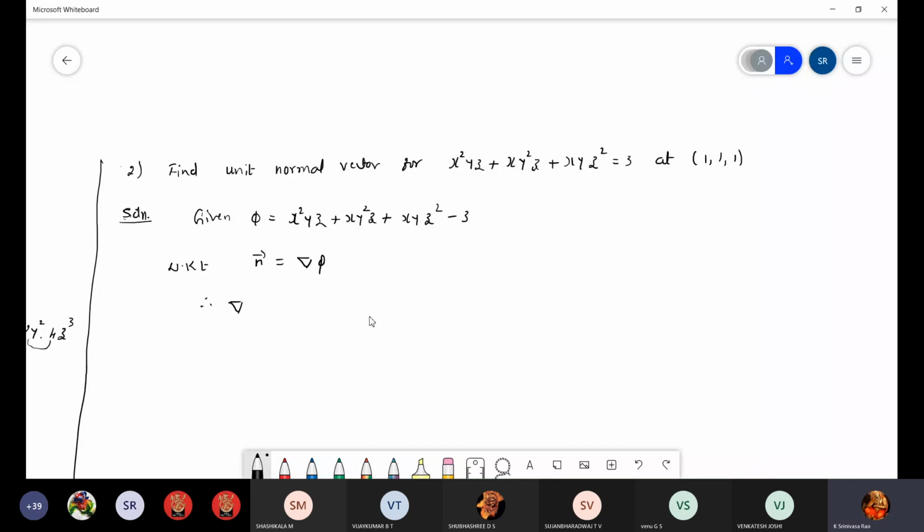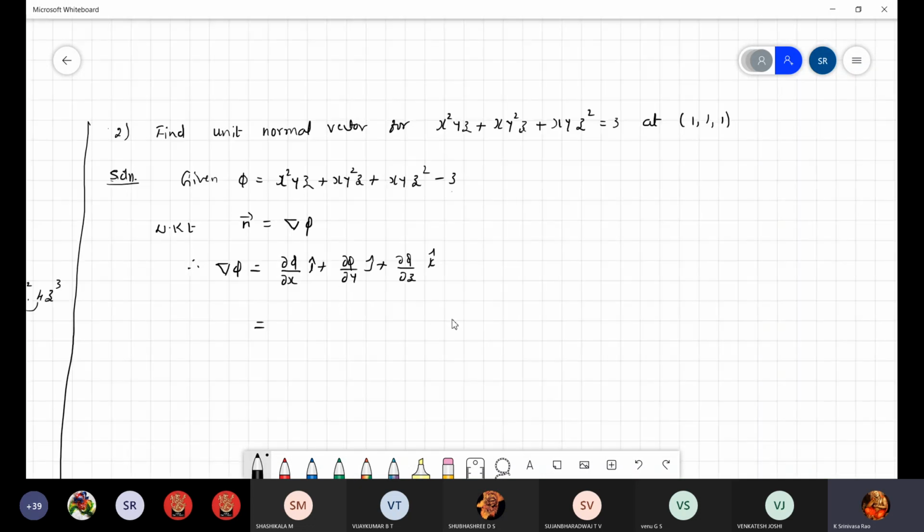Therefore grad phi equals, again write the formula, dou phi by dou x i cap plus dou phi by dou y j cap plus dou phi by dou z k cap, and differentiate complete phi including minus 3 with respect to x, y and z.